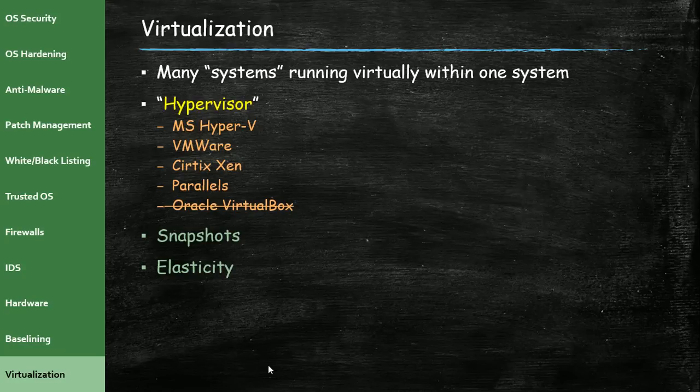Elasticity is basically this idea that if you have a server that has a finite amount of resources, certain machines can use more of those resources at different times. So we don't have very good elasticity when we have 5 servers each running their own operating system, because if 4 servers only need 1 gig of RAM, but one of them needs 8 gigs of RAM, all of them really have to have 8 gigs of RAM in case they need it.